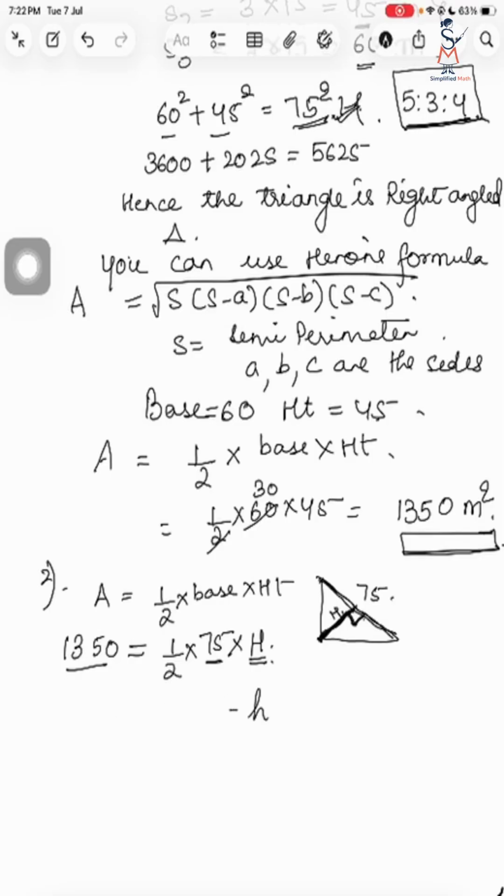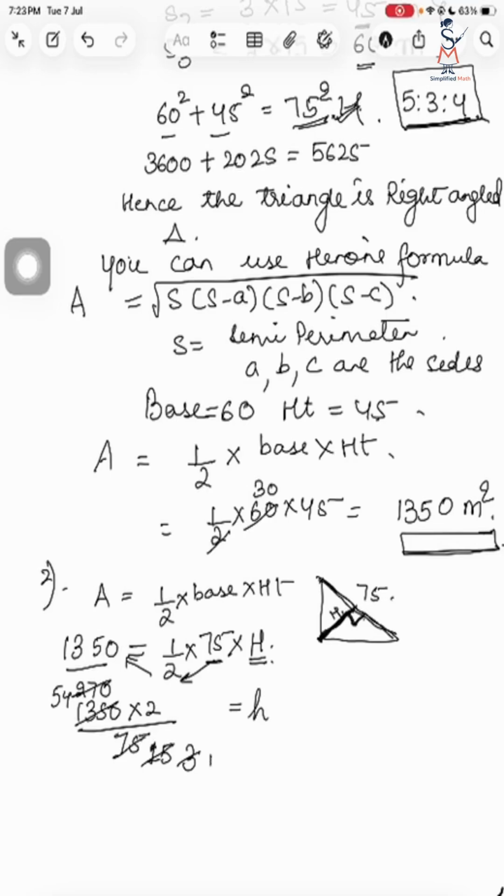So h will become 1350, 2 goes on the top and 75 comes at the bottom. Fine. Now we can calculate this by cutting it by 5. 5 ones are 5, 5 twos are 10, 7, 0. Now this will become again 15, 3 and 5 fives are 25, 5, 4.